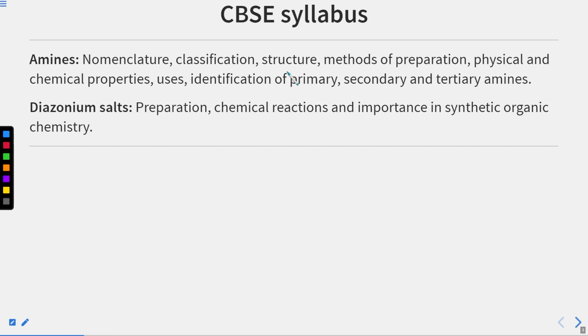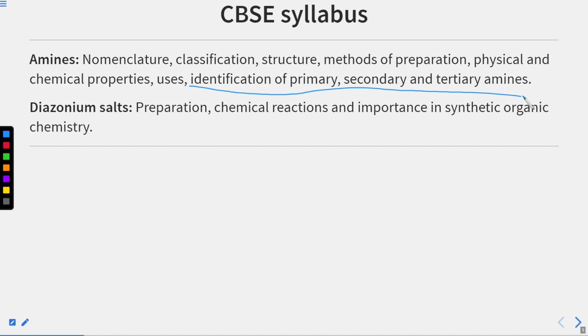That is very important from the exam point of view. The remaining topic, diazonium salt, we will cover in the next lecture. So for today, let us look at the chemical reactions and the laboratory method used for identification of primary, secondary, and tertiary amines.